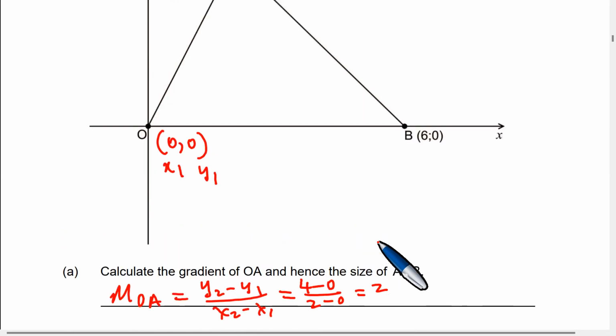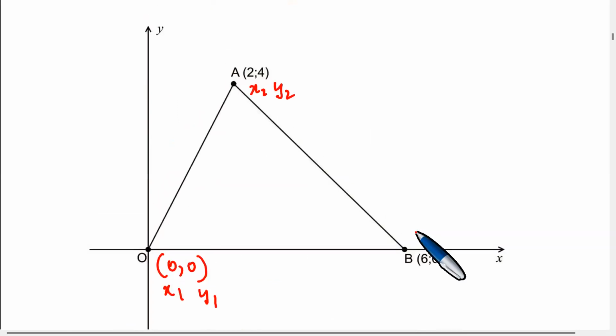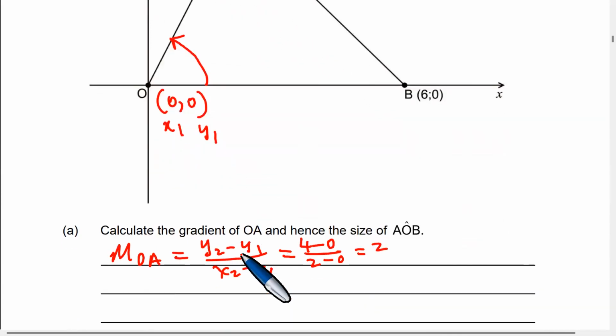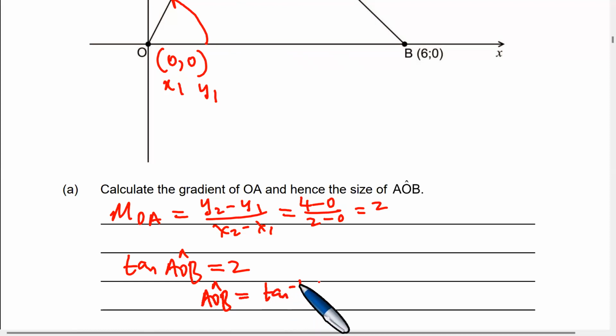And therefore, we're interested in finding the size of the angle AOB. What is the size of the angle AOB? We are interested in finding the size of this angle here. We know that the tangent of the angle AOB is equal to 2, so that AOB is arctan 2.